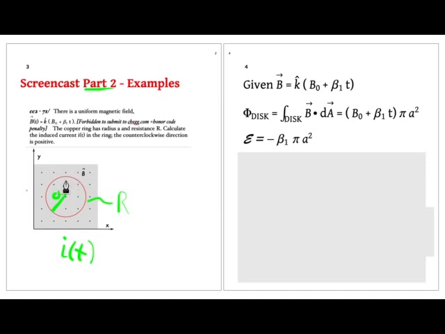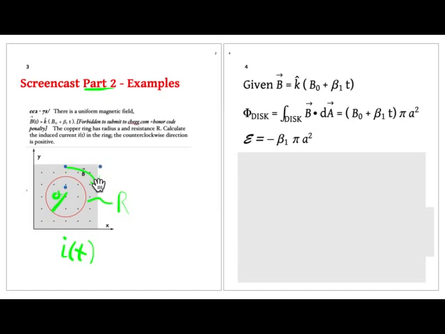Well, we don't really have a direction here. We just have the electromotive force. It will be negative. The change in B is out towards you, so the rate of change of Φ is positive in the outward direction, negative in the inward direction. That corresponds to clockwise. So a negative sign here means a clockwise direction of the electromotive force.